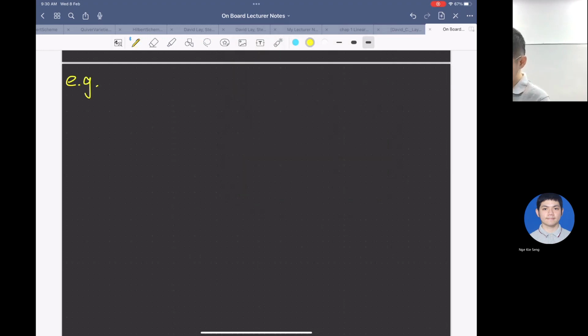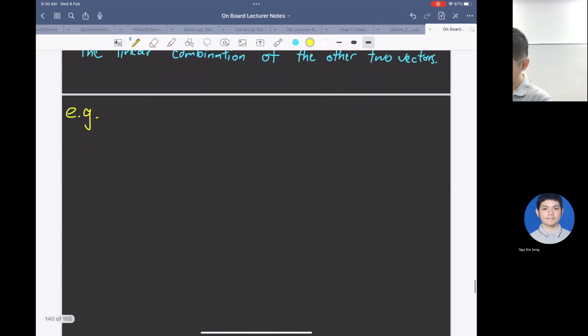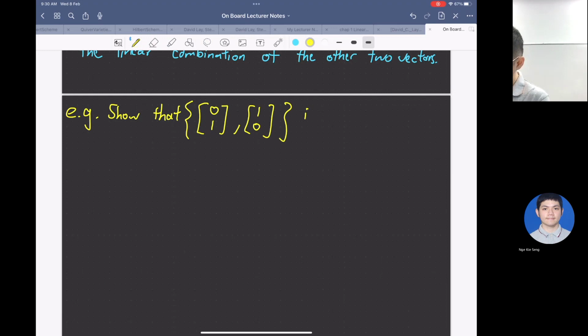Let's check for the set. I'll show you an example. Show that 0, 1 and 1, 0 are linearly independent.